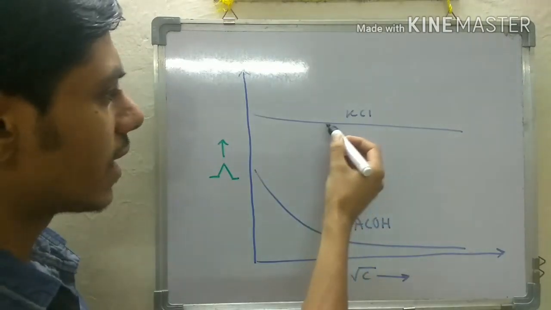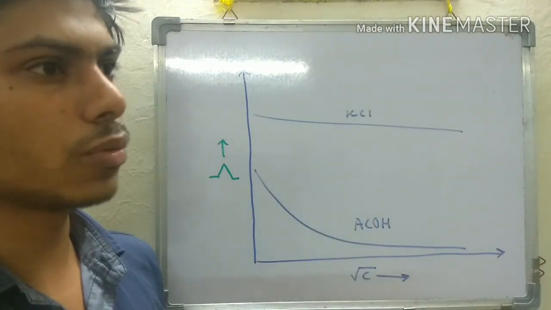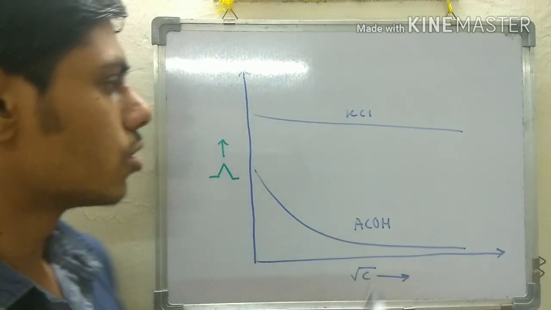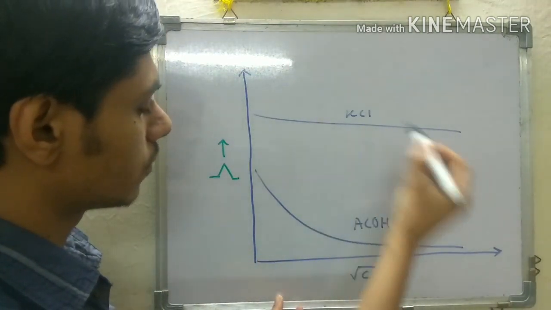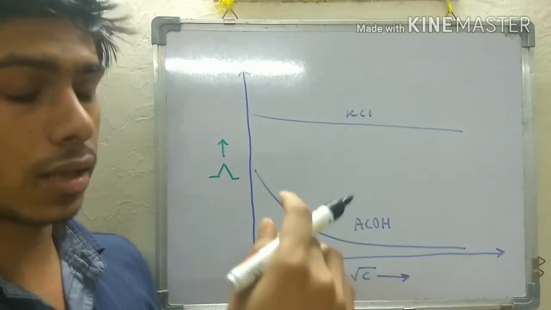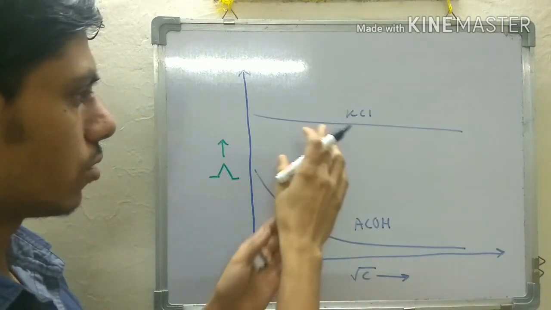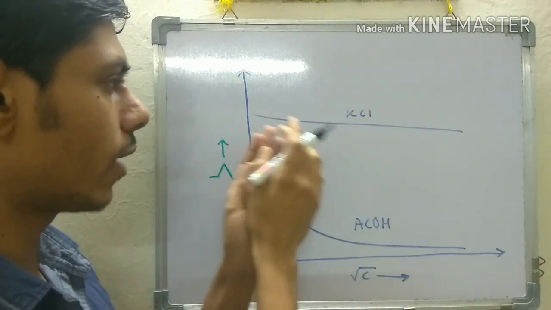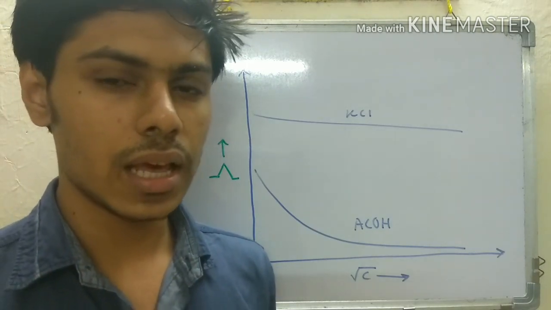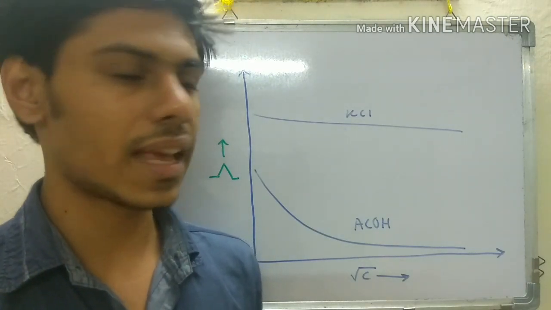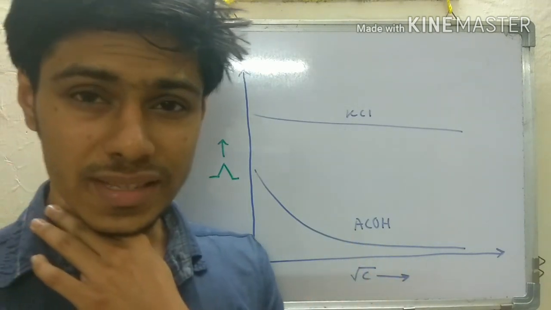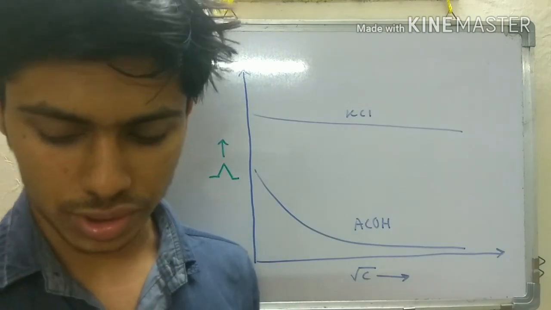But you can see for KCl, which is a strong electrolyte, and we know strong electrolytes are 100% dissociated even at very high concentration, so why does its conductance increase on decreasing the concentration? We cannot explain this by saying that as we dilute the solution of KCl it becomes more dissociated, because it is almost 100% dissociated at any concentration.